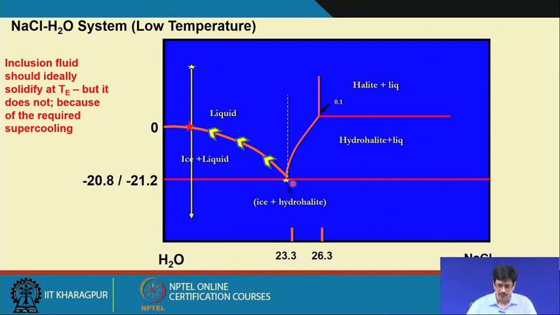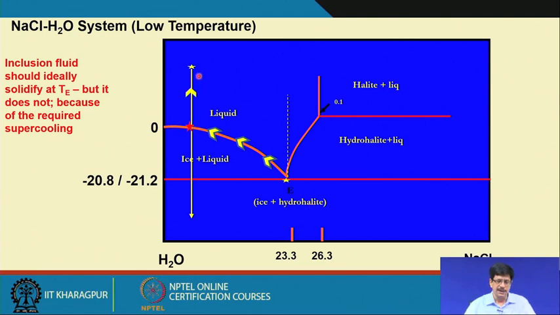For example, when we are increasing the temperature, it moves along the cotectic and reaches the point exactly where it would have intersected the cotectic, and here the solid will melt. That solid is only ice, because on this cotectic it is an ice plus liquid coexistence situation.